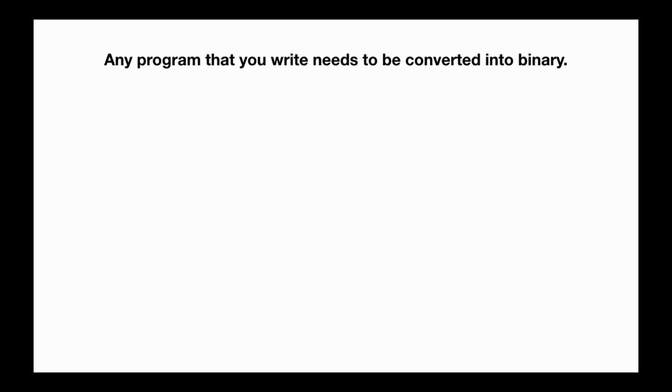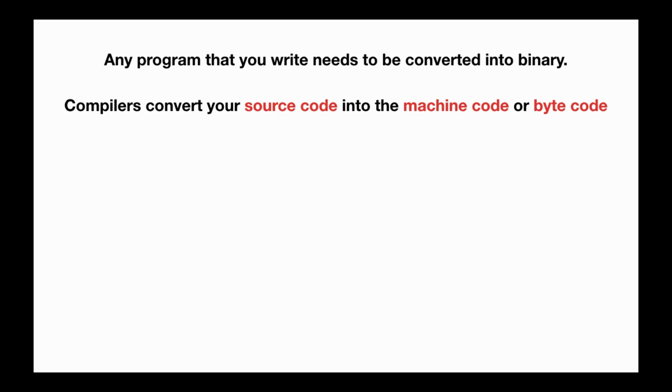All this program data that you're writing needs to be converted into a sequence of zeros and ones so that the computer actually understands it. You literally can't send the data otherwise. So the program that you write needs to be converted into binary, and compilers convert your source code into machine code or byte code. Well, this is a whole new statement, isn't it? I'll explain it to you in a bit.